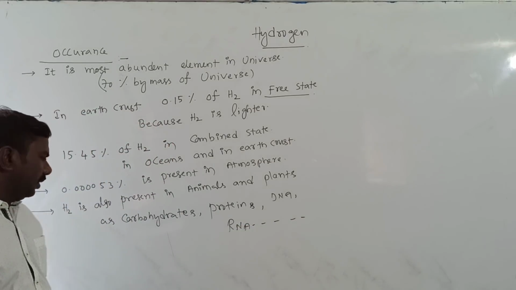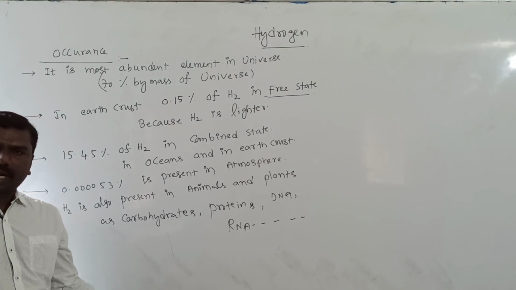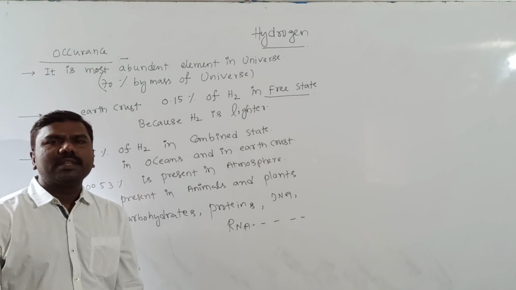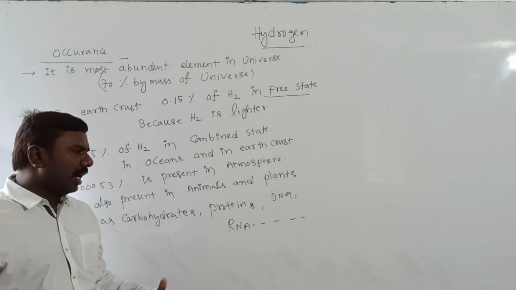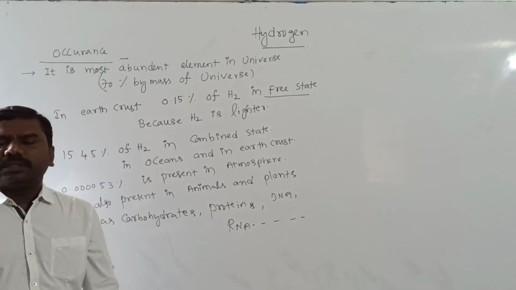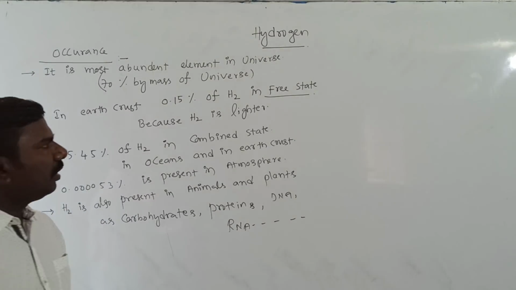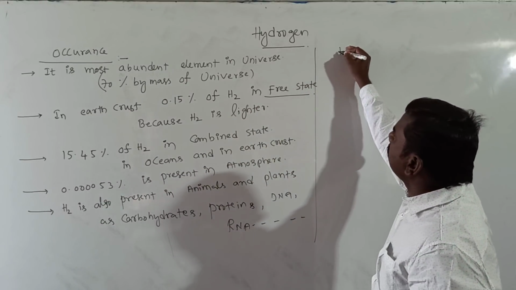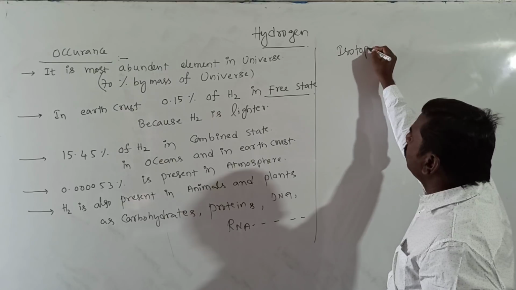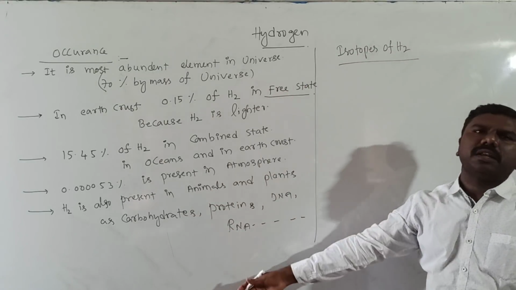For example, carbohydrate glucose, C6H12O6, hydrogen is there. Fructose, C6H12O6, hydrogen is there. Like that, hydrogen exists in plants. So this is the occurrence of hydrogen.